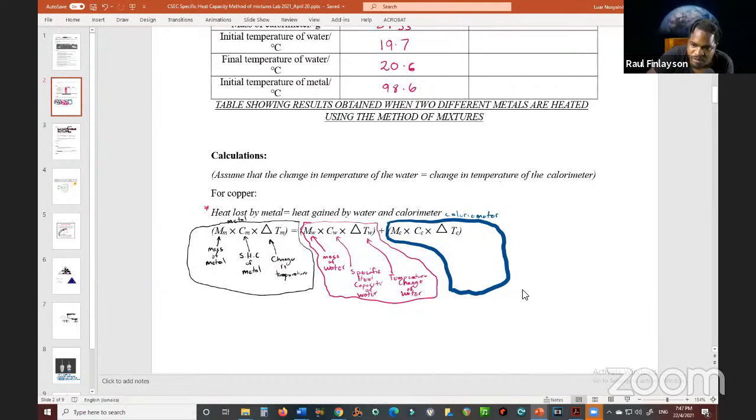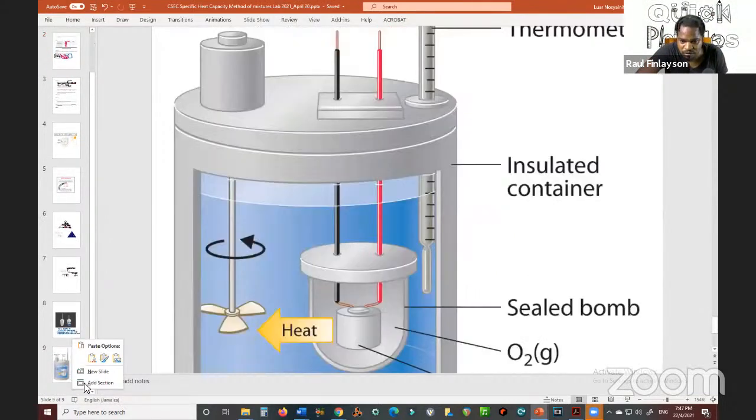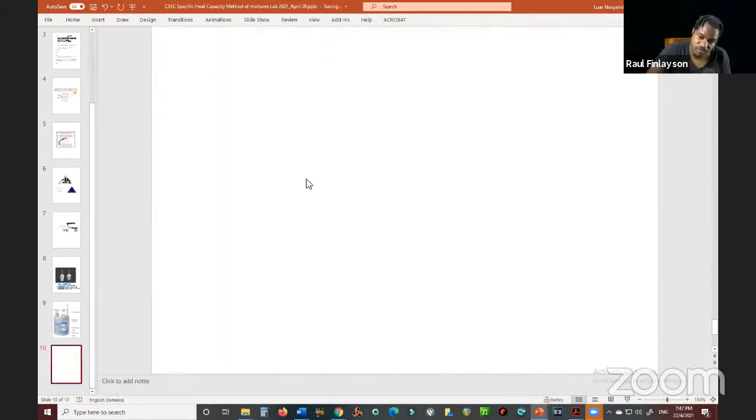Therefore, we need to know the mass of the calorimeter. We need to know the specific heat capacity of the calorimeter. And we also need to know the temperature change that it goes through. All right. So this would bring me to another thing that you need for this lab. See how much concept this lab really tries to teach you.